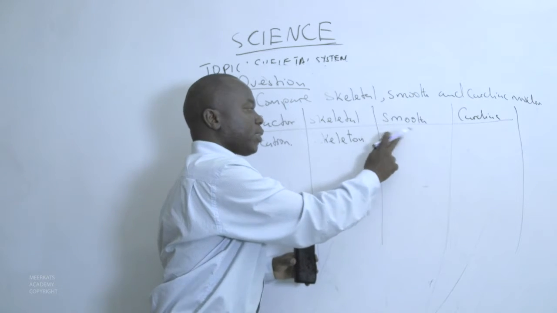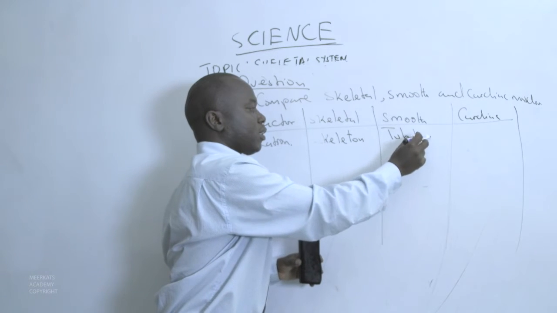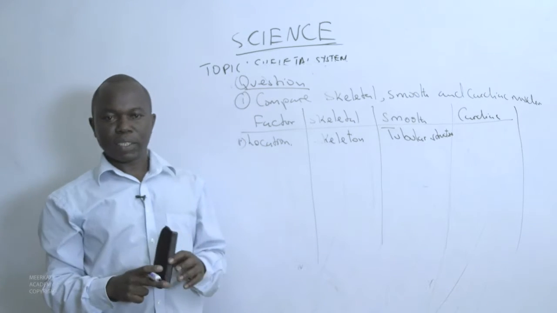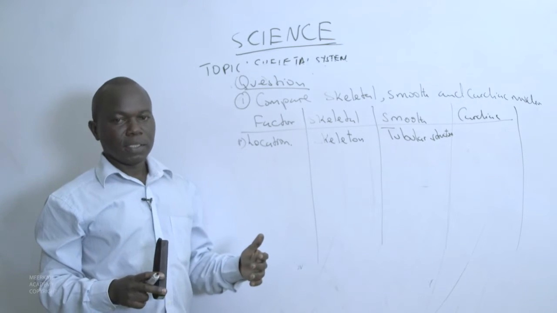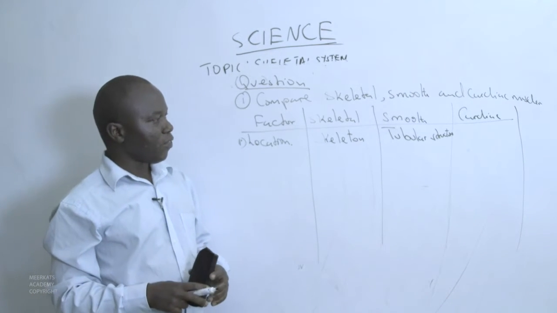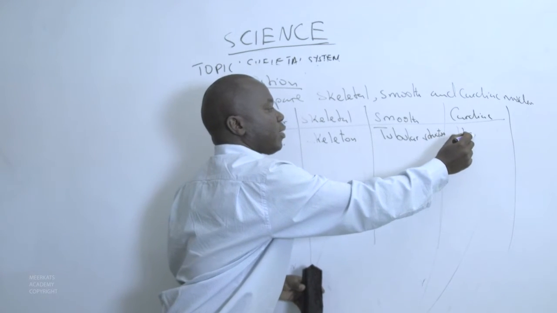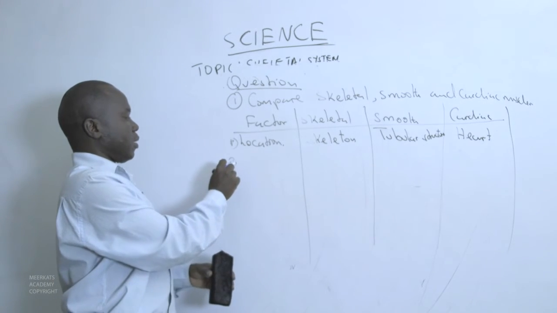Smooth muscle, we said, is found in tubular structures. We mentioned some of those structures: digestive system, urinary system, blood vessels. Cardiac muscle, we have said, is found in the heart.